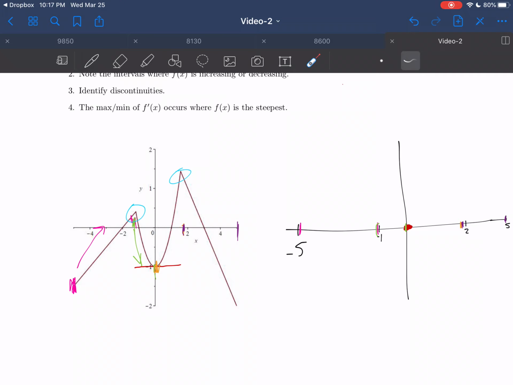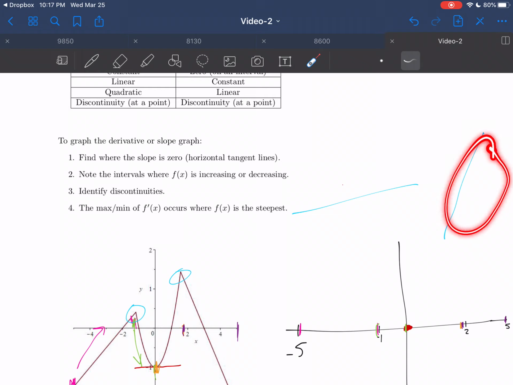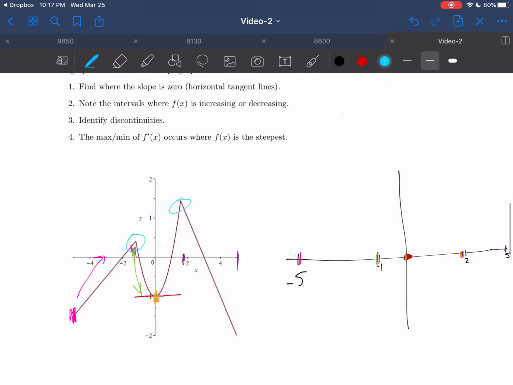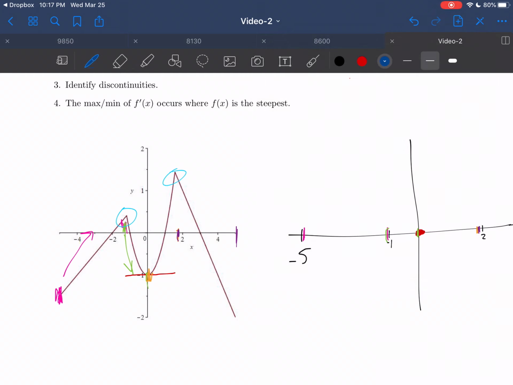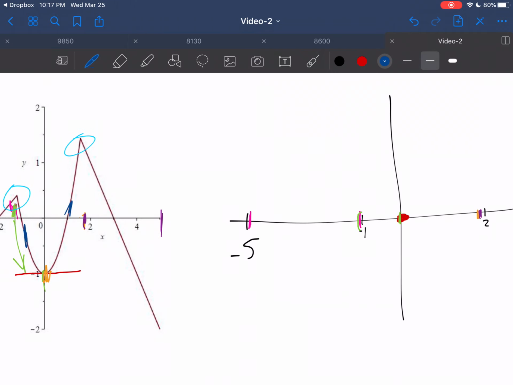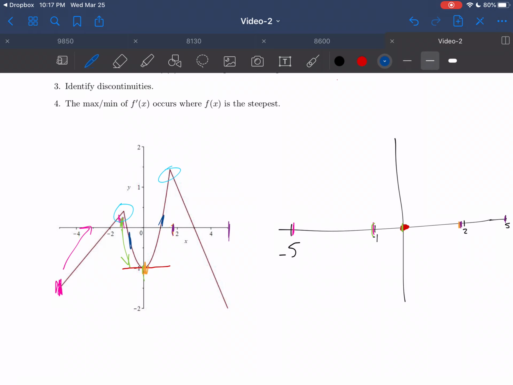So steepest just means, if we were to have two lines like this one and this one, this one would be more steep. We're steepest, I think, here and here, somewhere thereabouts. So we know that there'll be a min and max of our function there.